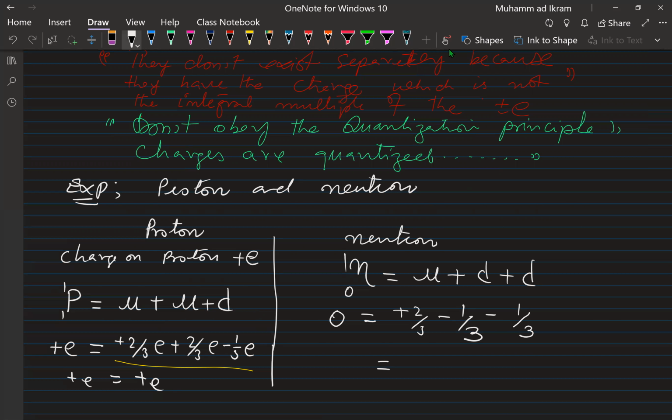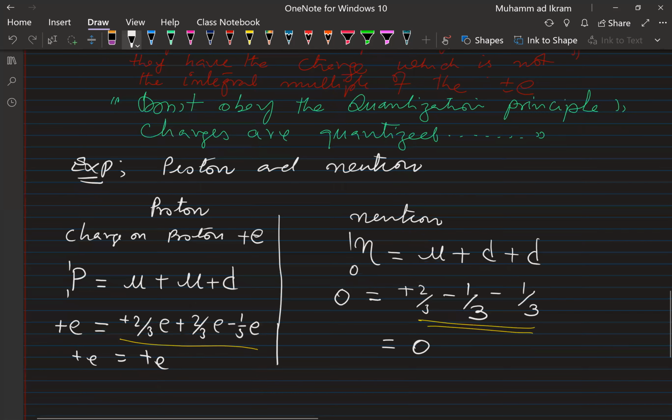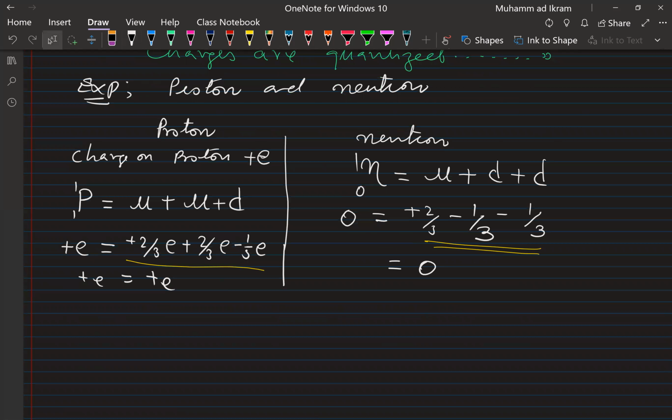So when you add, it will give you 0. Clear? So the charge on the neutron is 0. So you have seen that they are composite particles.